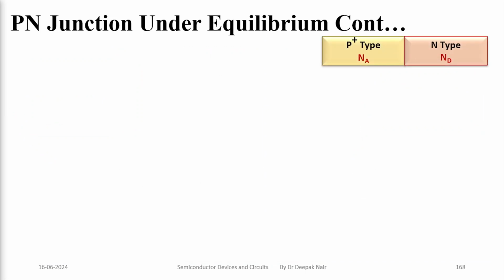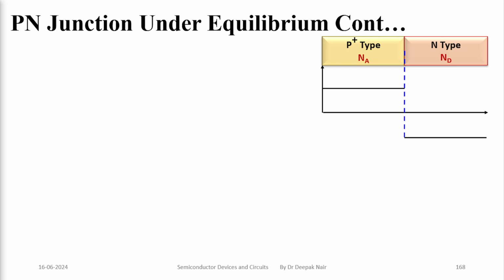Now, if we combine these two materials, that is P plus type semiconductor with N-type semiconductor, we will get a PN junction diode. And now we are going to study the behavior of charge carriers near the junction.